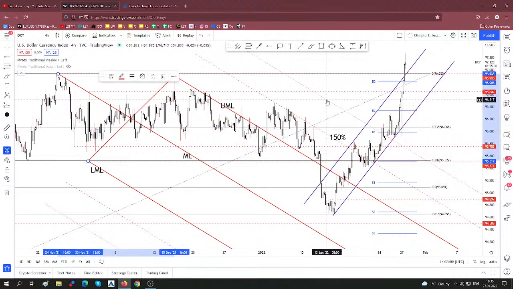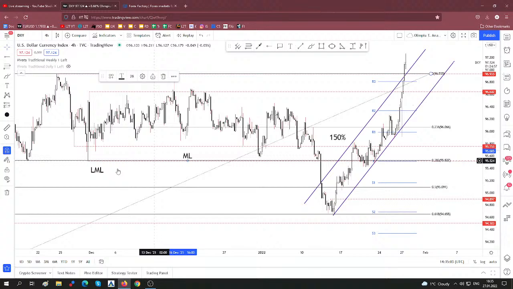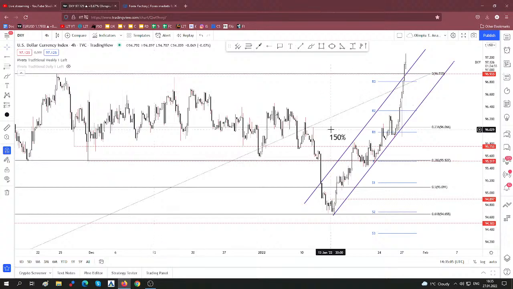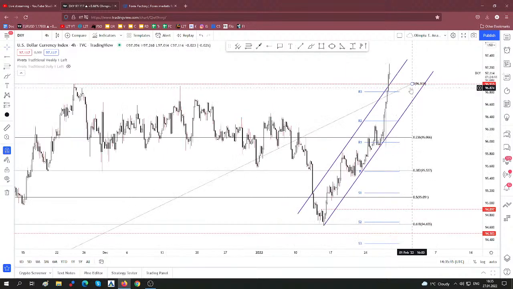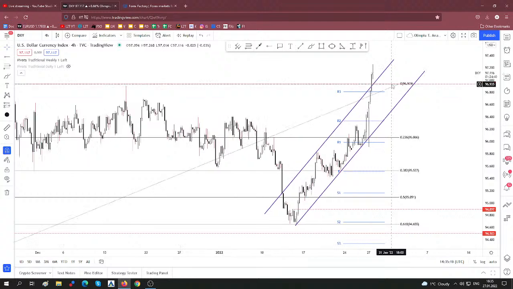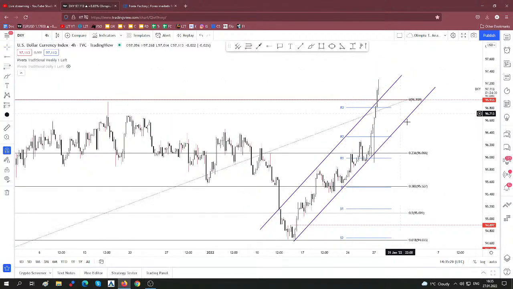That's why personally I will also delete my descending pitchfork and all these maybe levels, because right now I'll keep an eye on how the dollar index will react here above 96.93, because an accumulation, consolidation, sideways movement could bring us new USD longs, new opportunities to buy the US dollar.